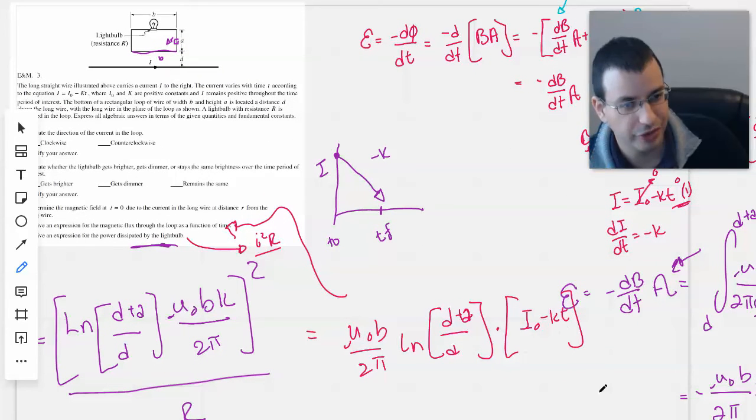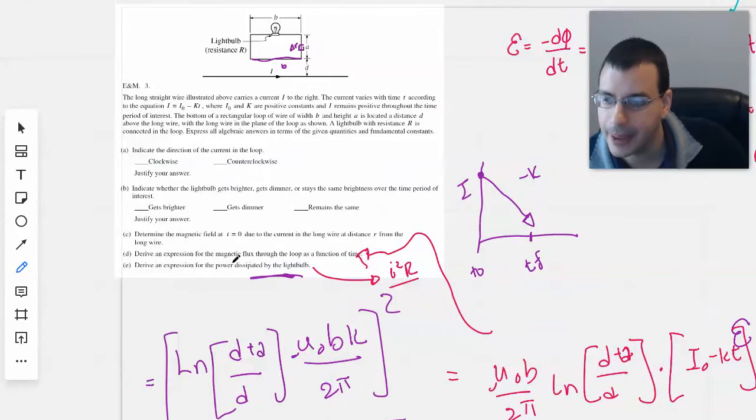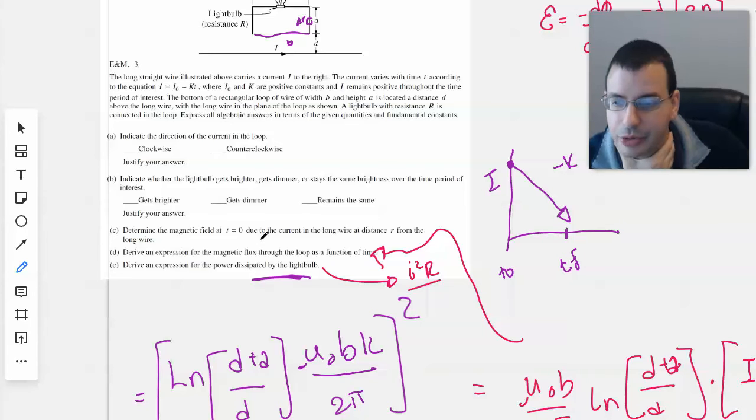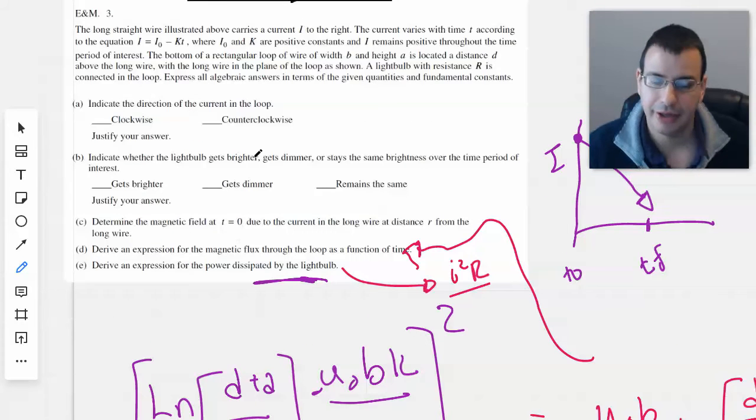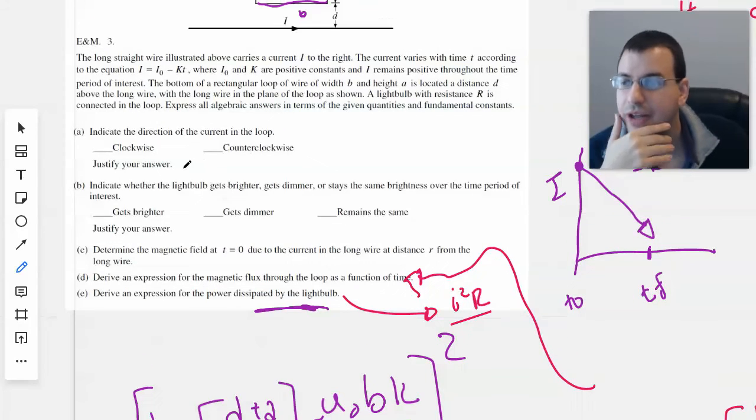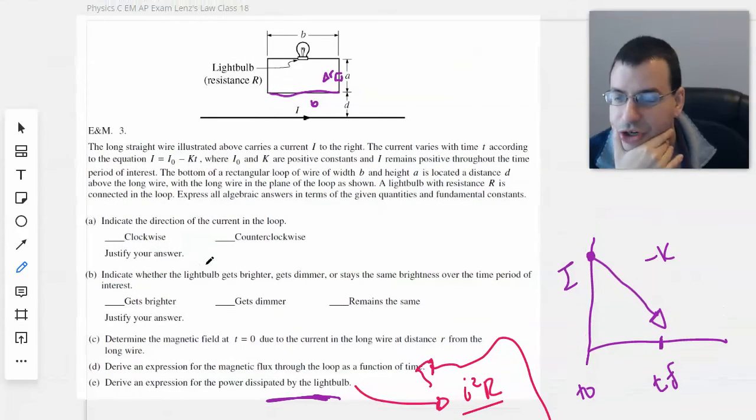We took the derivative at first and then found the, not important, you'll see. Okay. Determine the magnetic field at time t equals 0 due to the current in the long wire. I probably should go the other direction. I should probably start at A and work my way down. Okay, I will. Indicate the direction of current in the loop.